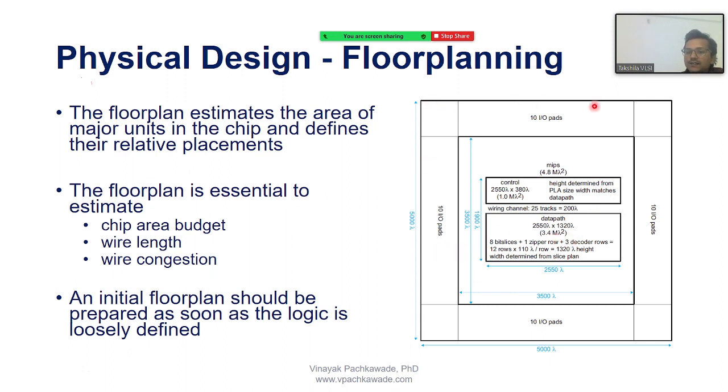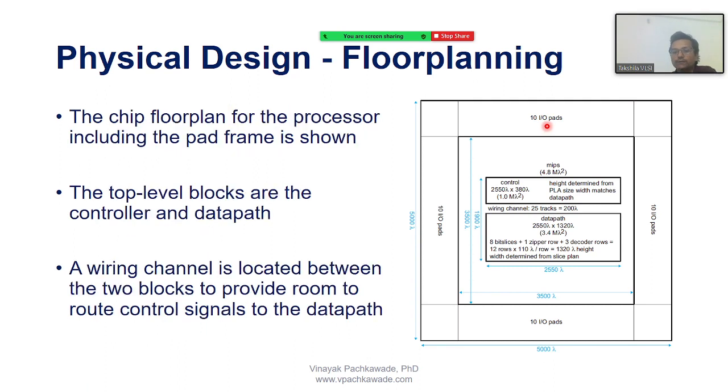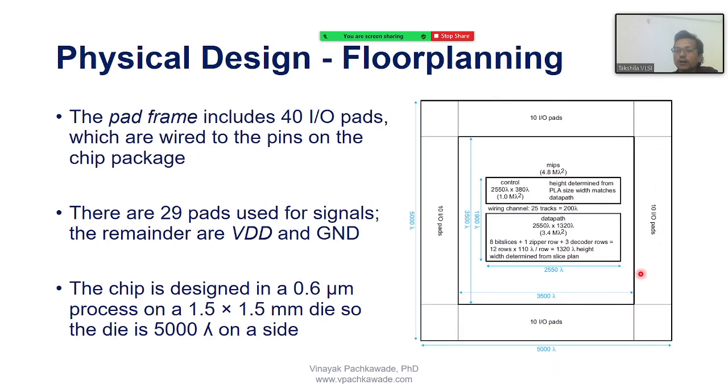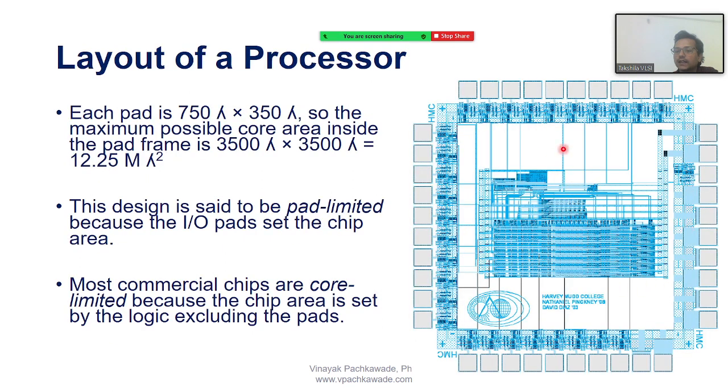What are these rectangles here? 1, 2, 3. They are called input output pads. I have explained to you what input output pads are. When the chip is laid out, the final chip layout will look like this. That is a block diagram, and this is a layout of the chip.